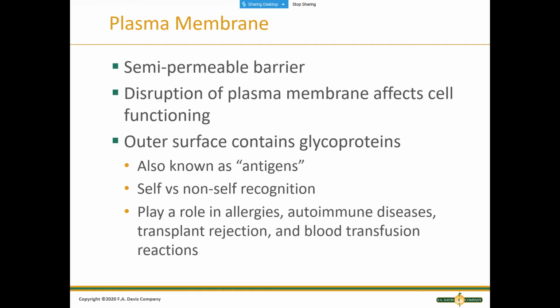What those antigens allow is self versus non-self recognition. The antigen is what the immune system then uses to detect whether or not this is a foreign bacteria that needs attack or whether it's your own cell.